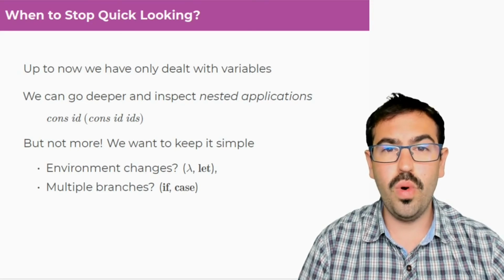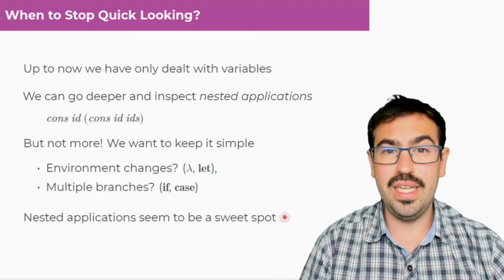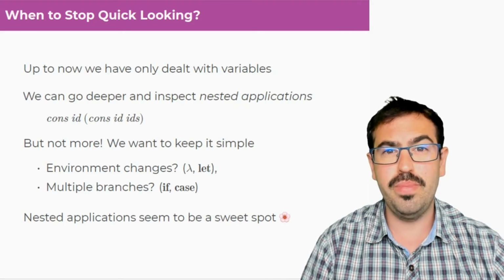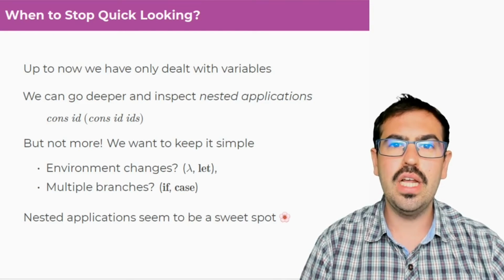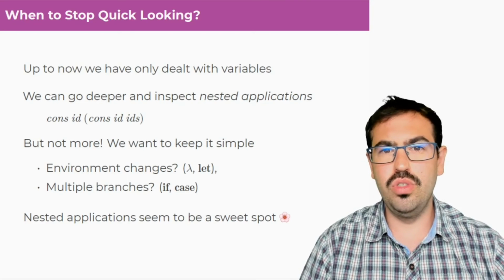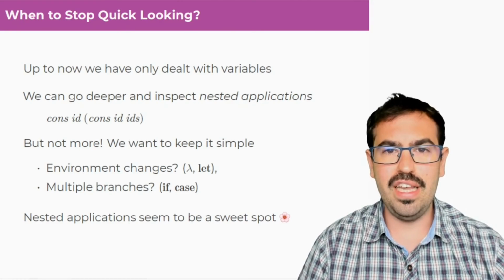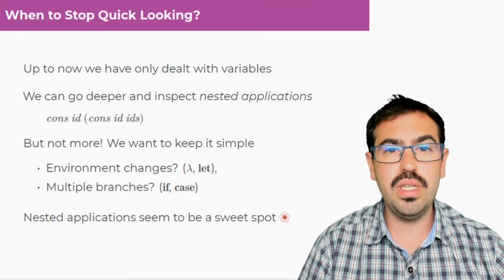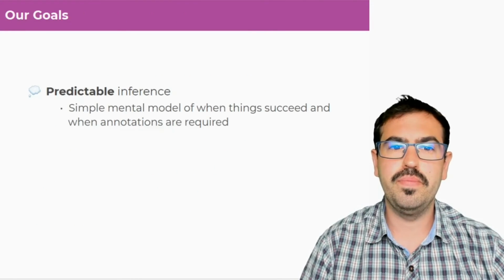So we just really want to keep it simple, and we found that nested application seems to be a sweet spot. So you really gain a lot of information by looking at nested applications. And for the rest of the cases, you often get information pushed by the bidirectional typing mechanism.